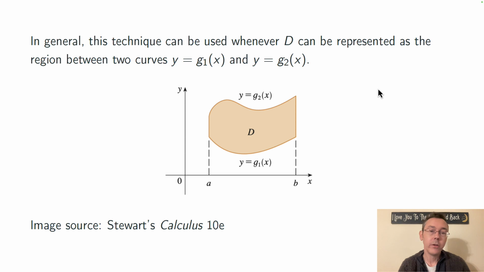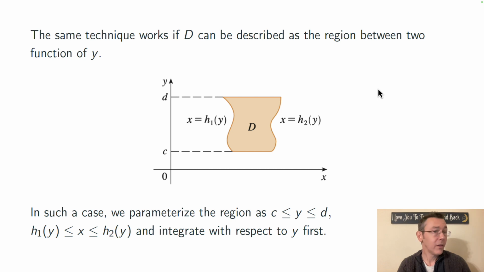Now in general, you can use this technique whenever the region D can be represented as the region between two curves, y functions of x. So you've got a bottom curve and a top curve. You could use the same technique if D could be described as the region between two functions of y. So instead of a top curve and a bottom curve, you have a right curve and a left curve.